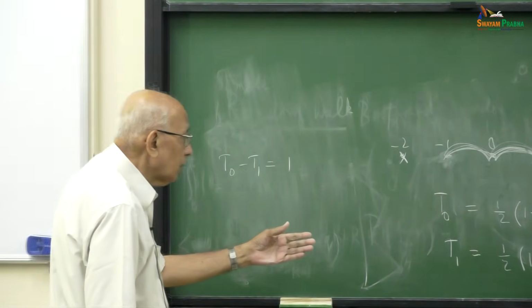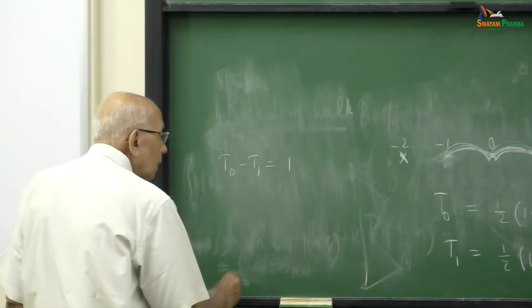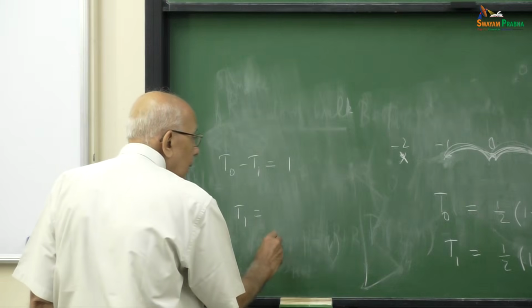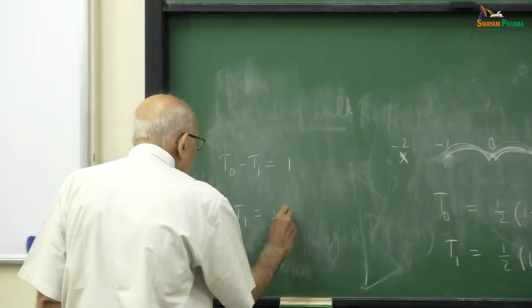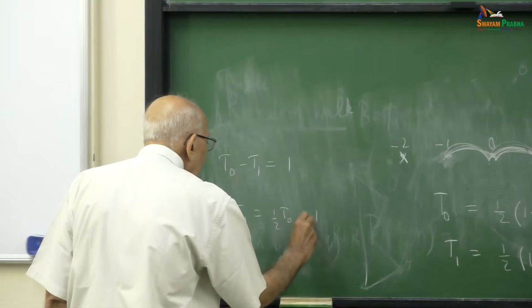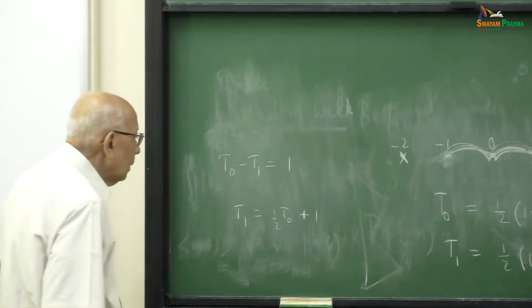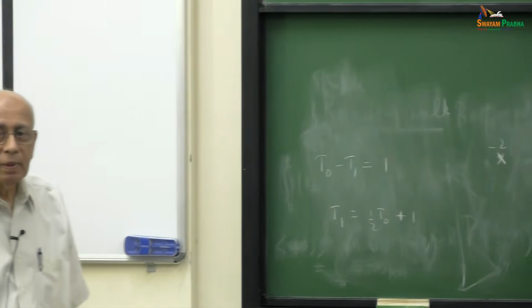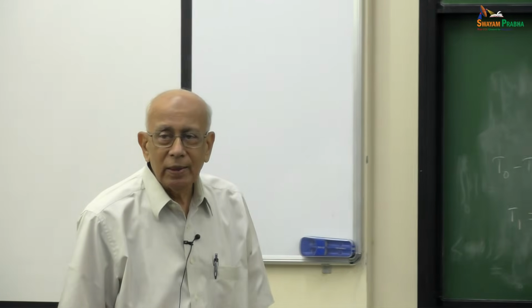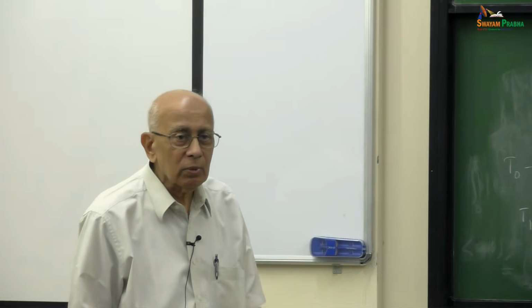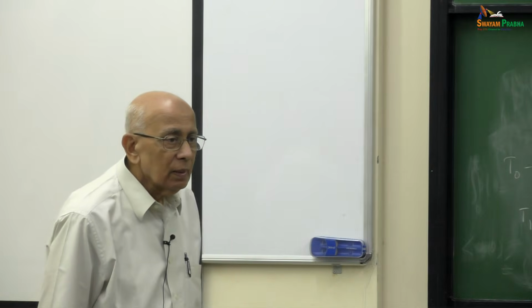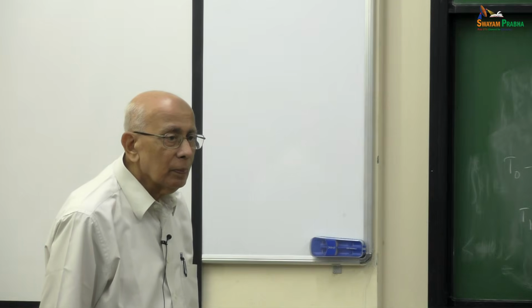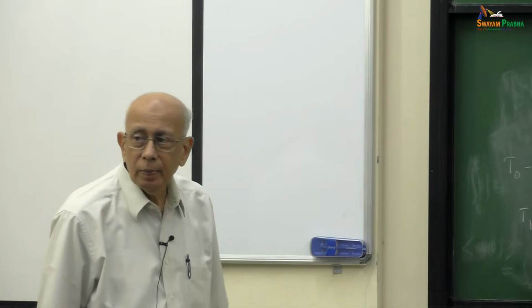What does the second equation tell you? Please solve for t0. You can solve for both t0 and t1, but solve for t0, which is what we are interested in. Sir, we get 4. You get 4.